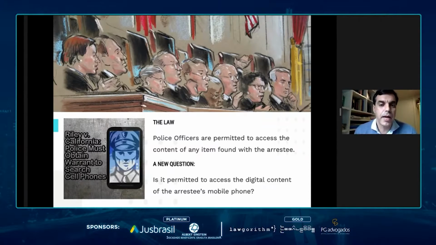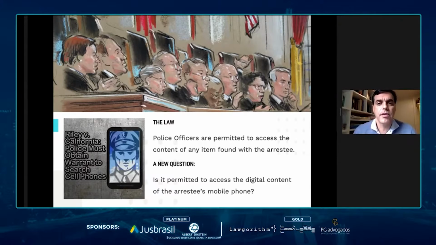The answer by the Supreme Court at this time was no, that is, the police must obtain a warrant to search cell phones. And this was based on a consideration of underlying values. Specifically, it was argued that in this case, there is a significant impact on the privacy of the arrestee if the digital content of the mobile phone is accessed.